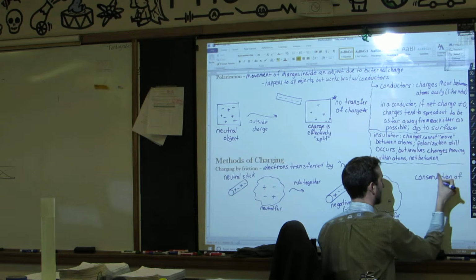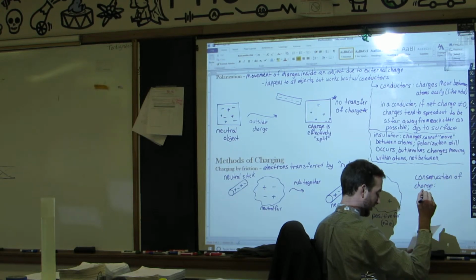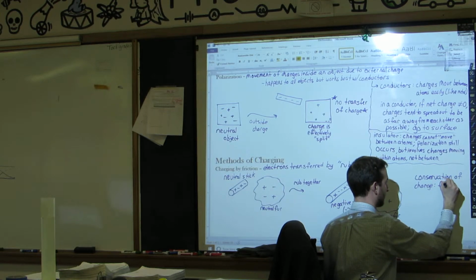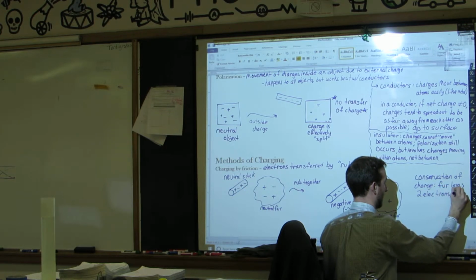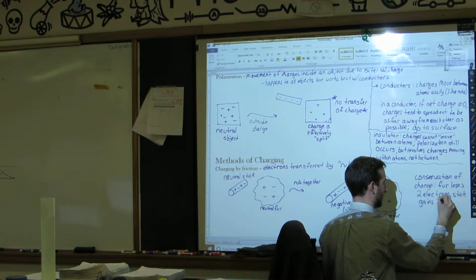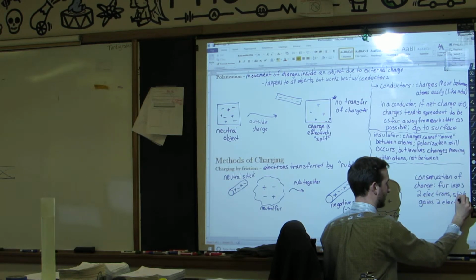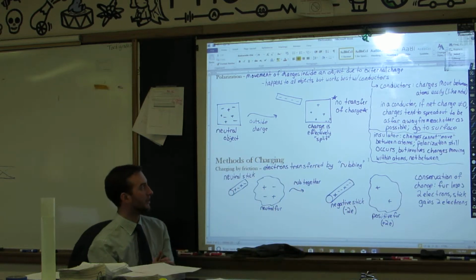In my drawings, I encourage you to do the same. Conservation of charge. Fur loses 2 electrons, and the stick gains 2 electrons. Basic. Really basic, really easy.